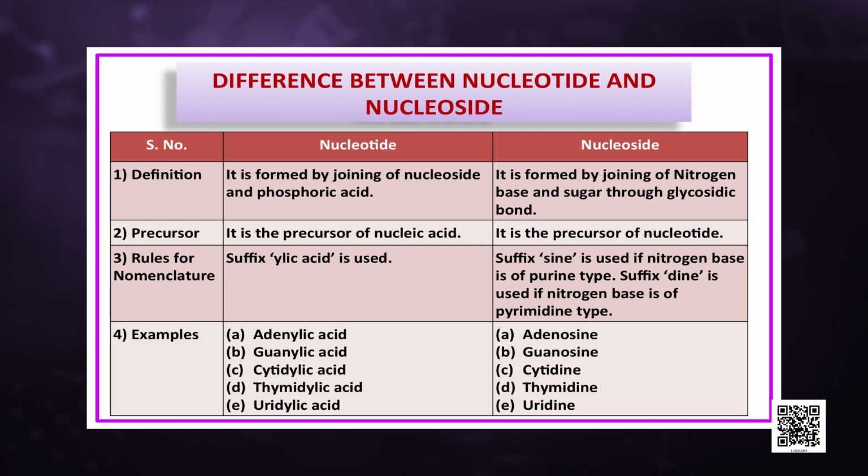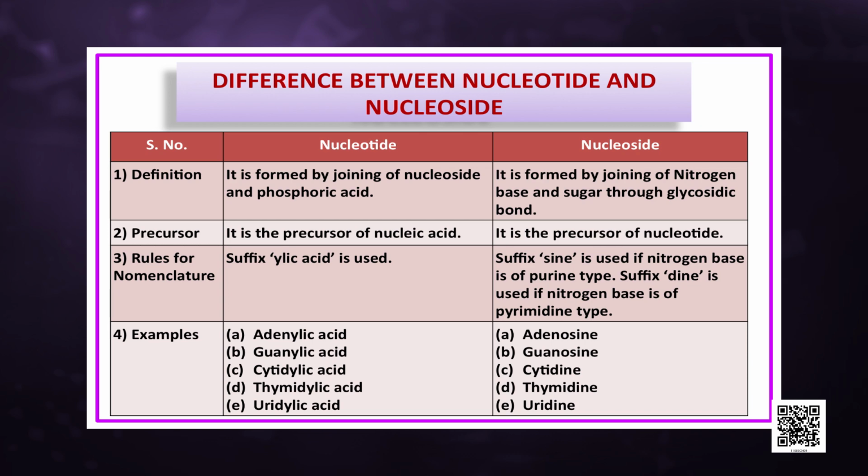In case of nucleotides, we use the suffix -ylic acid, like adenylic acid, guanylic acid, cytidylic acid, thymidylic acid and uridylic acid, whereas in case of nucleoside, the suffix -sine is used if the nitrogenous base is of purine type. Examples are adenosine and guanosine. If the nitrogen bases are of pyrimidine type, then we use the suffix -dine.